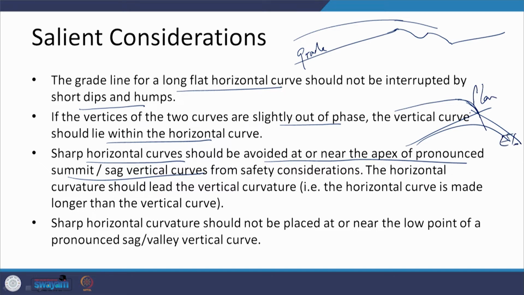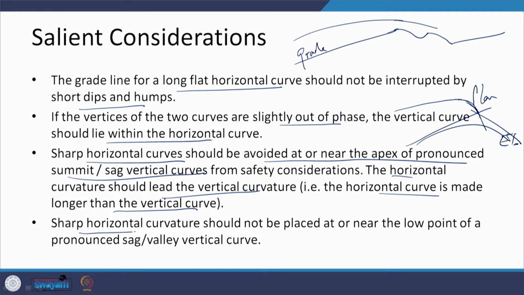This is going to create a problem in the sense that you have a feeling as a driver that the road is going to end there, and where the road is moving is not known. So, that sort of thing should not happen. The horizontal curvature should lead the vertical curvature, that is, the horizontal curve is made longer than the vertical curve. So, it is just a reassertion of what we have talked about previously.